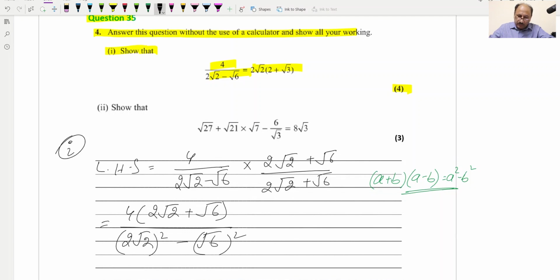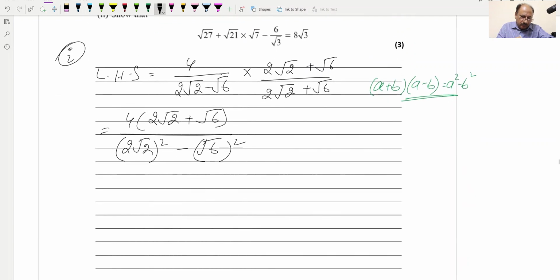And next we can simplify this, and we can write this step over here. So 4 into 2 root 2 plus root 6 we can keep as it is, and divided by the square of 2 under root 2, which will be 4 into 2, will be 8.